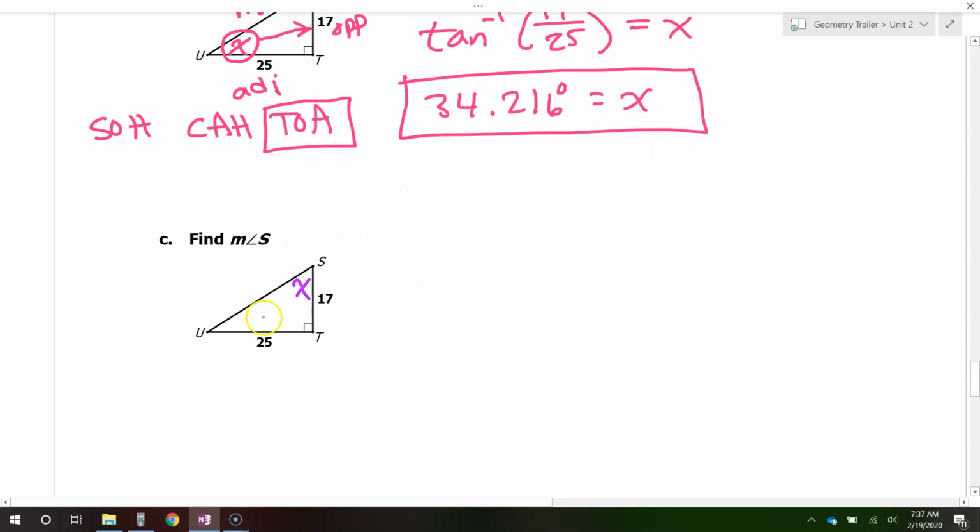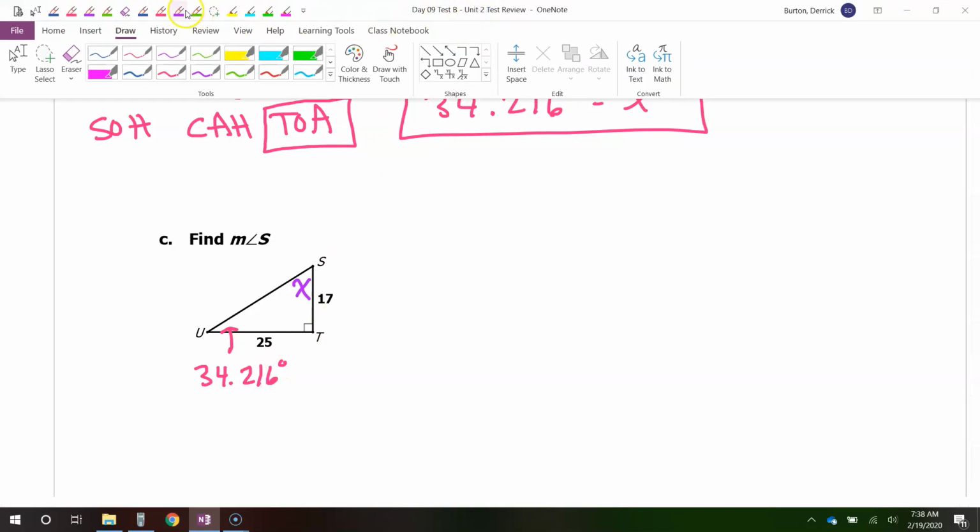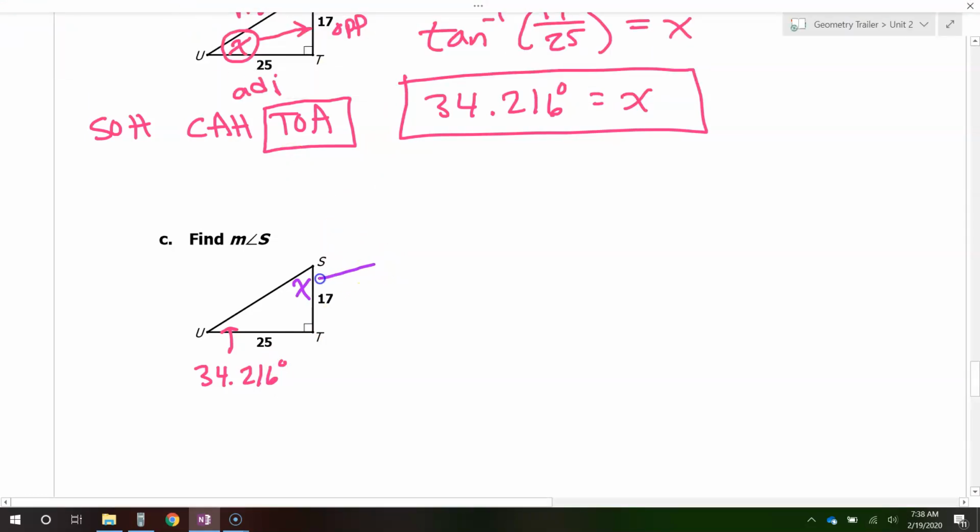We just found that angle U was 34.216. So we just found that this angle right here is 34.216 degrees. So if we want to find the other angle, the quickest way is just to subtract from 90.